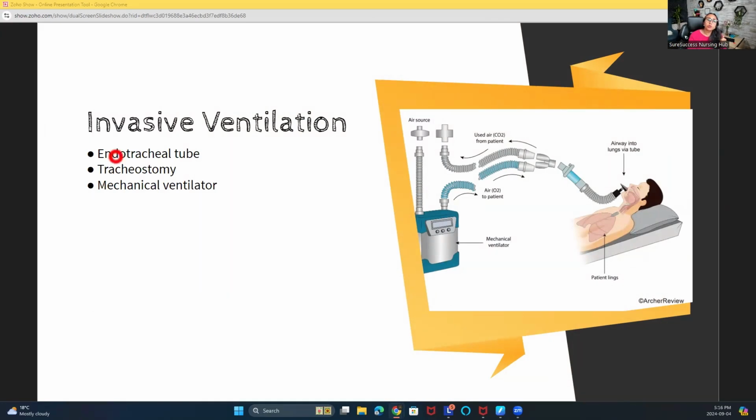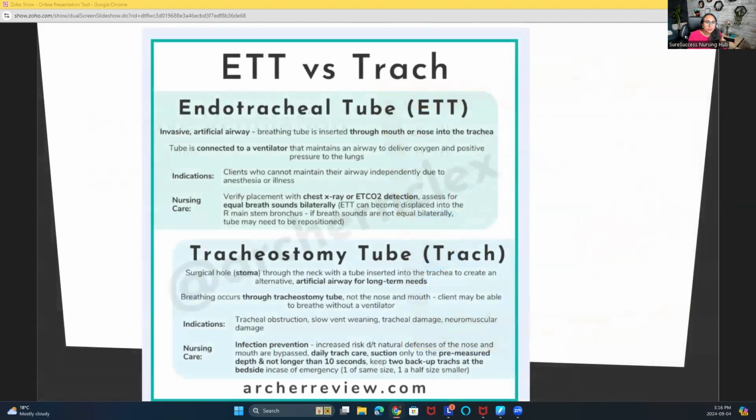Or we are talking about the tracheostomy, and we will learn about the ventilators in today's lecture. Endotracheal, as the name indicates, goes through the mouth or nose into the trachea. Why do we give an endotracheal or tracheostomy tube, and to which patients?